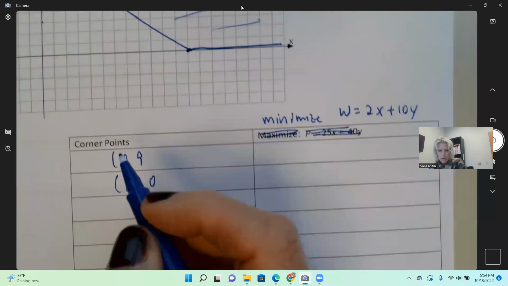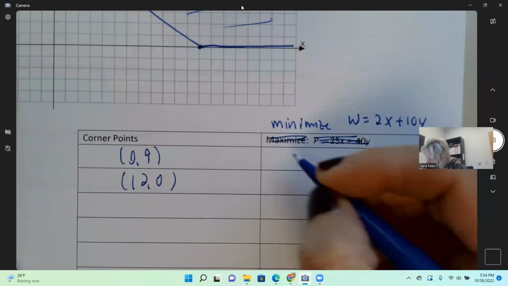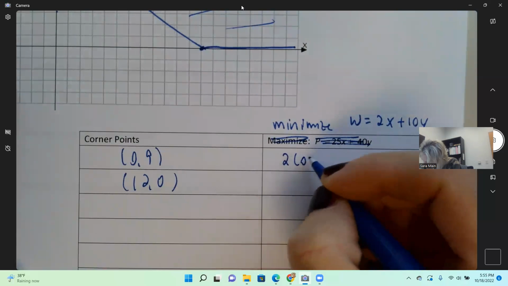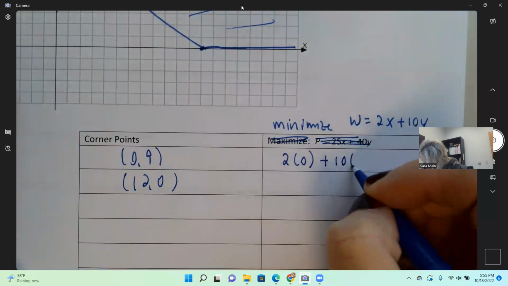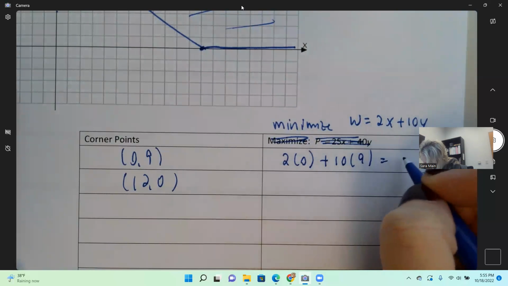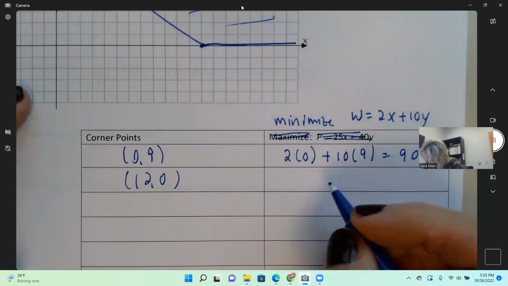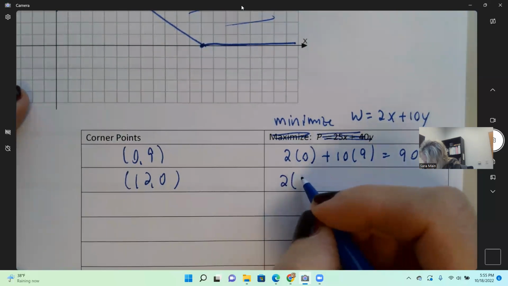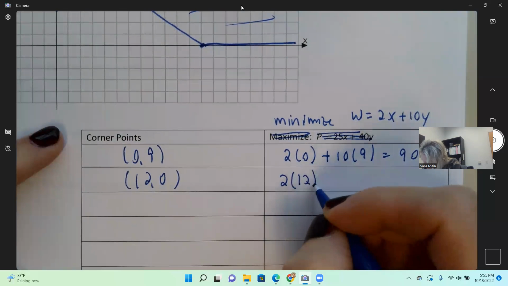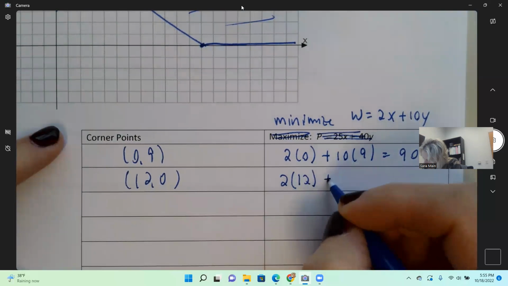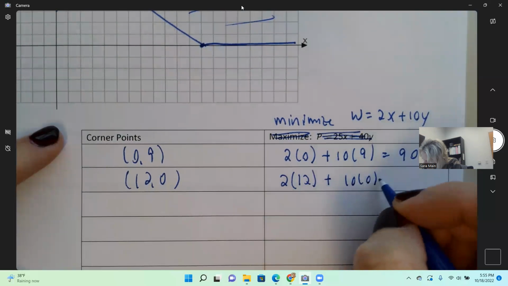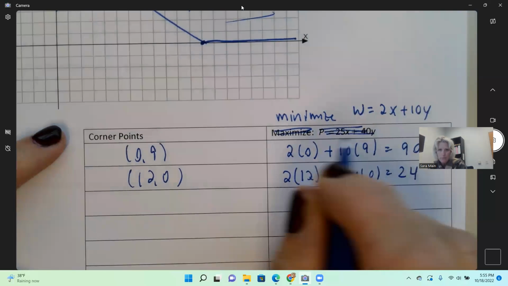And so we're going to minimize these. So this would be 2 times 0 plus 10 times 9. So that would be 90. And then this would be 2 times 12 plus 10 times 0. So that would be 24.